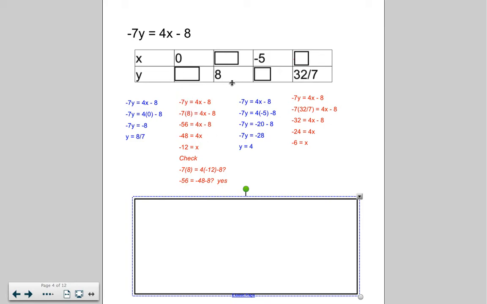I plugged in 8 for y this time, and I solved for x. The work is here. Then to check my work, I plugged in 8 for y again, and plugged in my answer of -12 for x. I simplified each side to make sure that I was getting equal amounts on each side, and I was. So that's good. That's a way you can check to make sure that you have them all. And here are the answers as well.